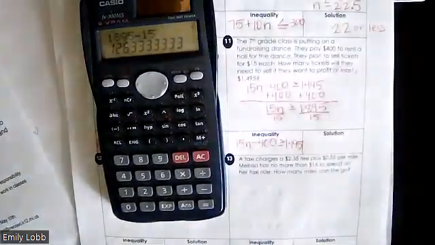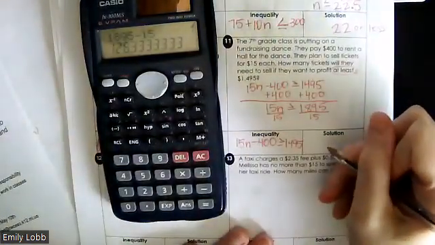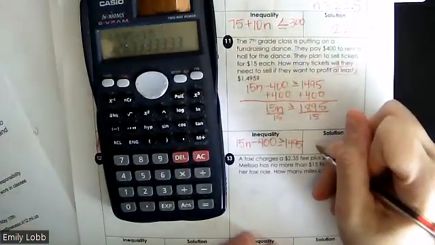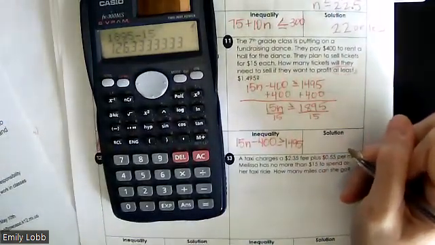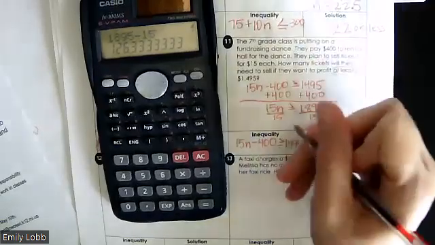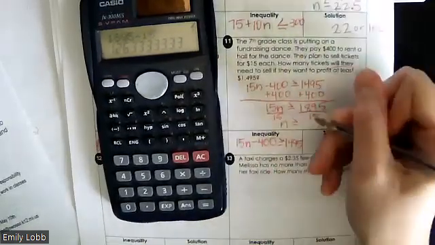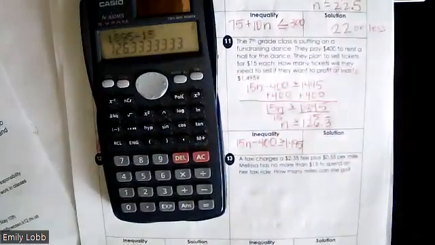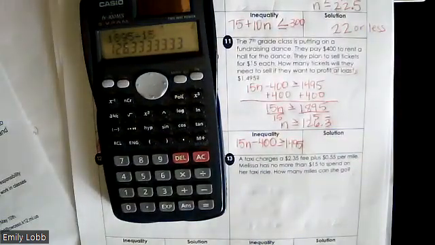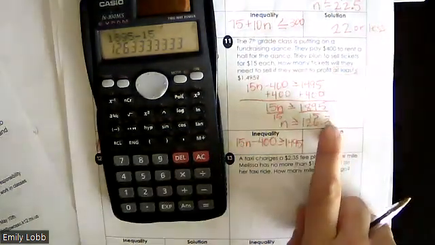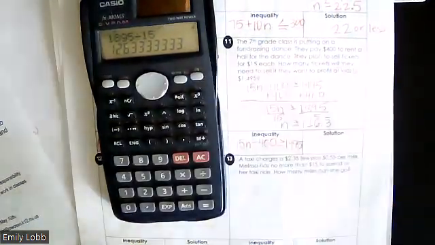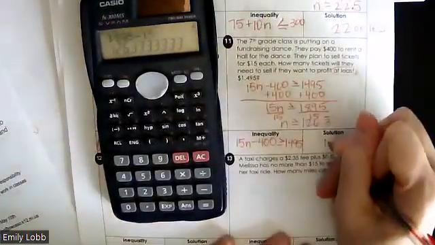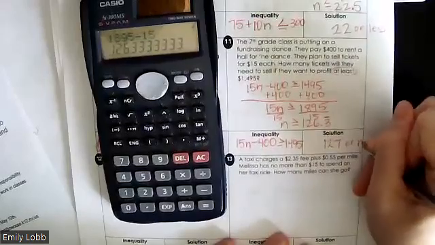So what happens is, oh, this one's a little different, because my answer here would be greater than or equal to 126.3 repeating, which means how many tickets do I actually have to sell? 127, right? Because I can't sell a third of a ticket, but I need that much to make at least that. So 127 or more.